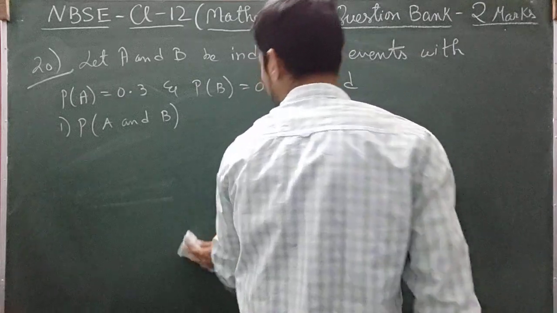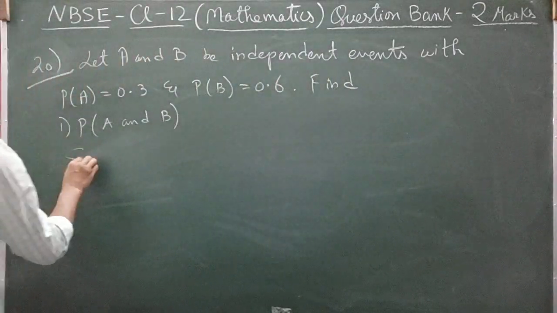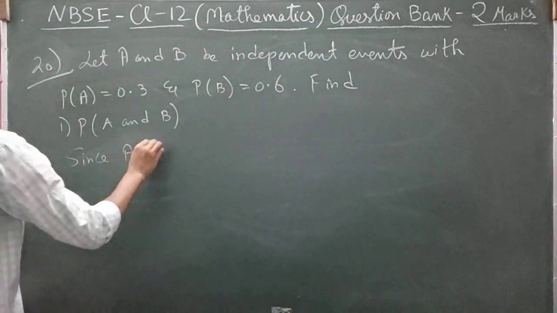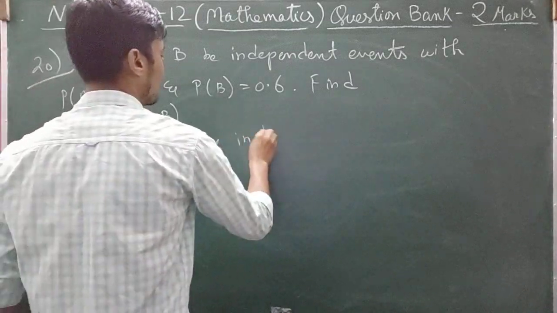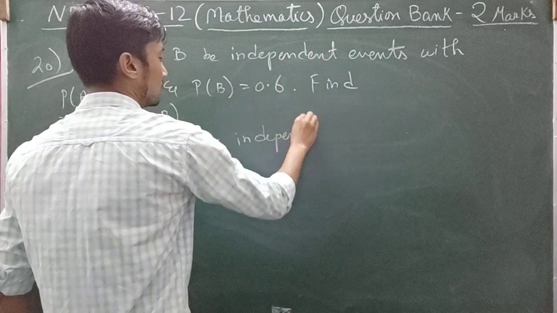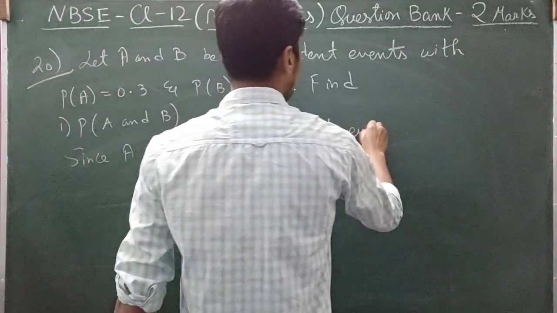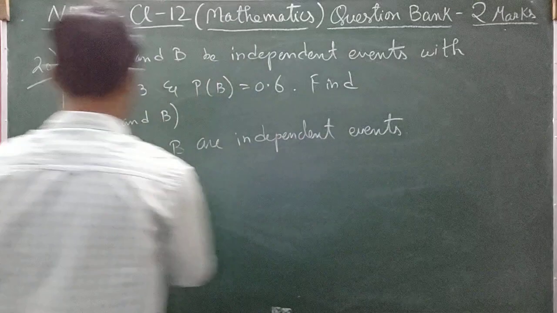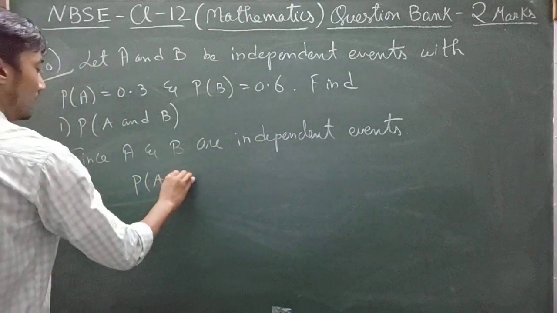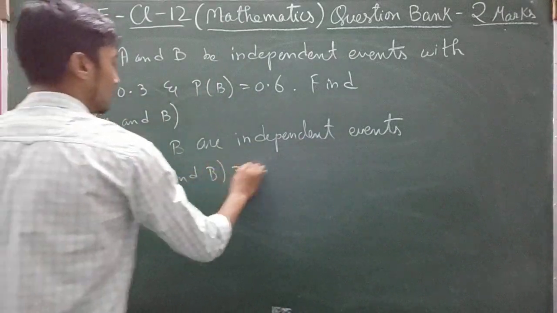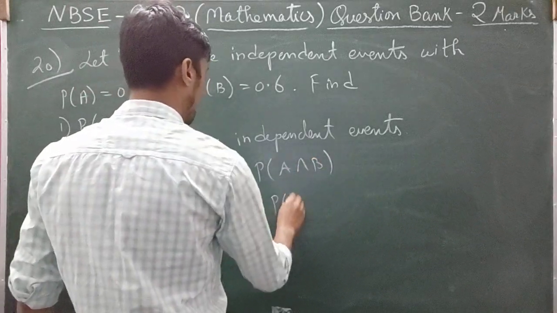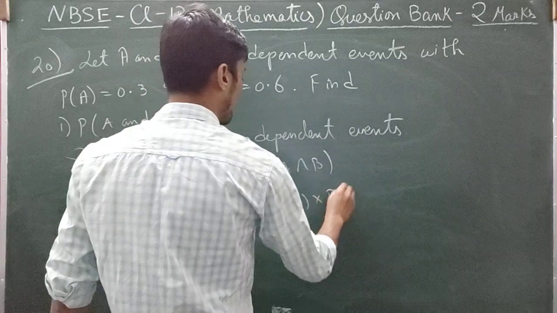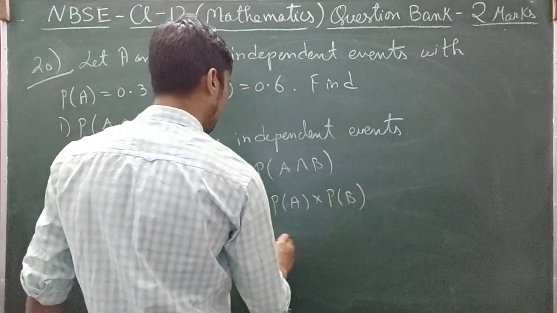Now 'and' represents intersection. Since A and B are again independent events, probability of A and B represents probability of A intersection B. So that's probability of A into probability of B, not cross product.